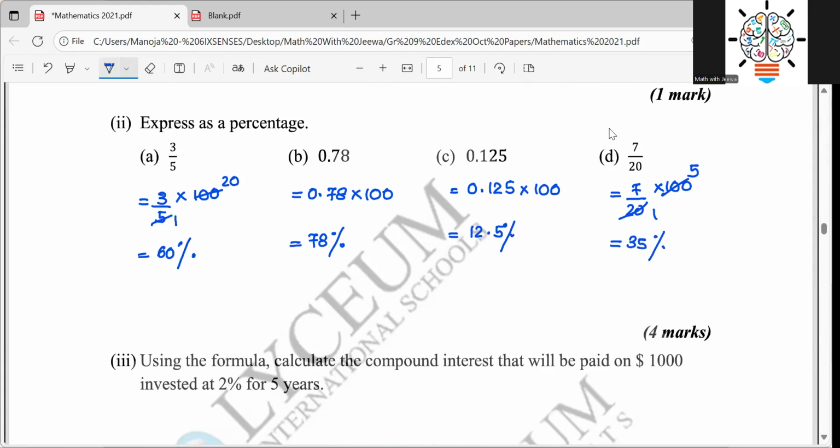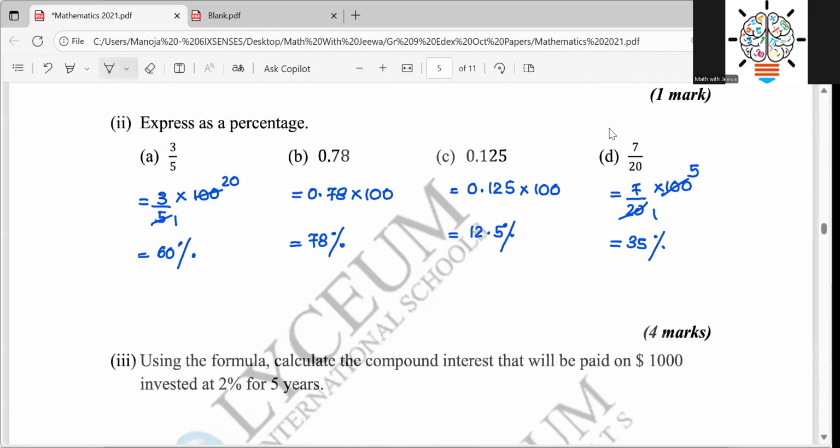Now you can see in all the scenarios, what I did, children, I just multiplied by 100. Maybe it is a fraction, maybe it is a decimal number, whatever it is, I just multiplied it by 100, right? So it is 12.5 and 35.